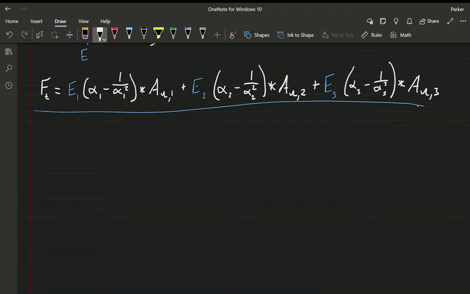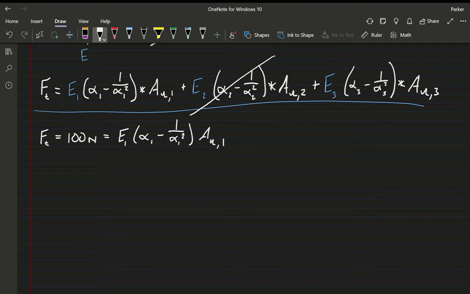And that is F of t, when equal to 100 newtons, is equal to E1 times alpha 1 minus 1 over alpha 1 squared times the cross-sectional area of 1, because these both go to 0. Okay?